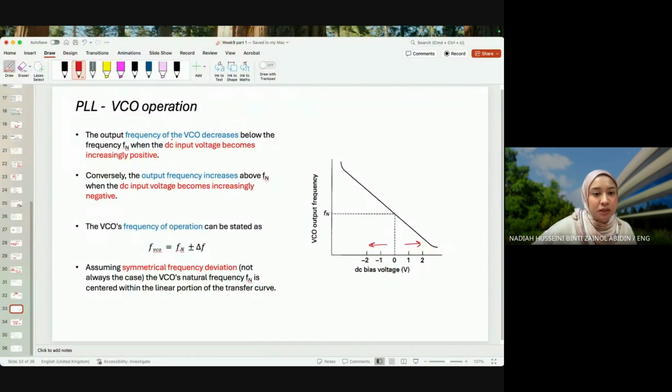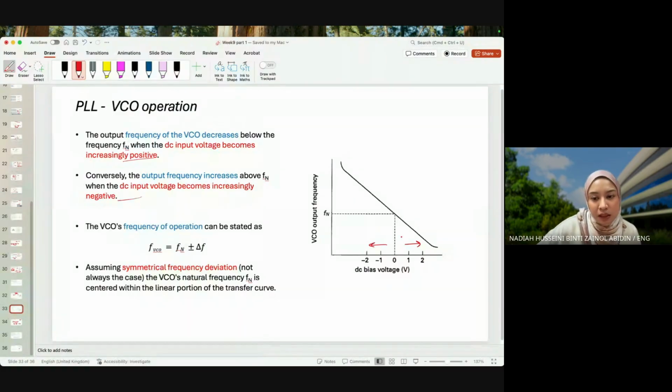So the output frequency of the VCO decreases below Fn when the DC voltage becomes increasingly positive, and vice versa. So the VCO's frequency of operation can be stated as FVCO equals Fn, the natural or default frequency, plus or minus delta F, assuming symmetrical frequency deviation.